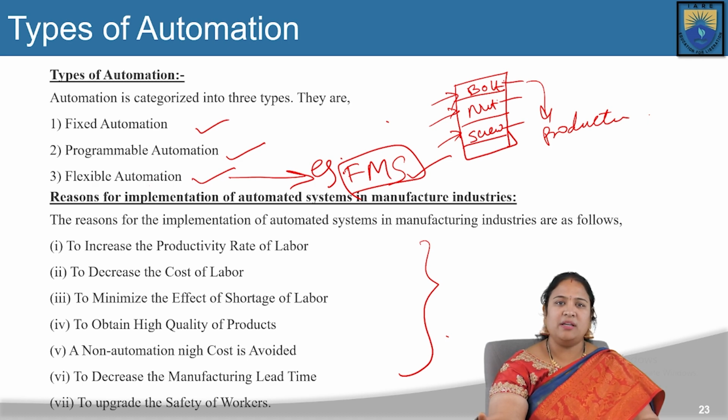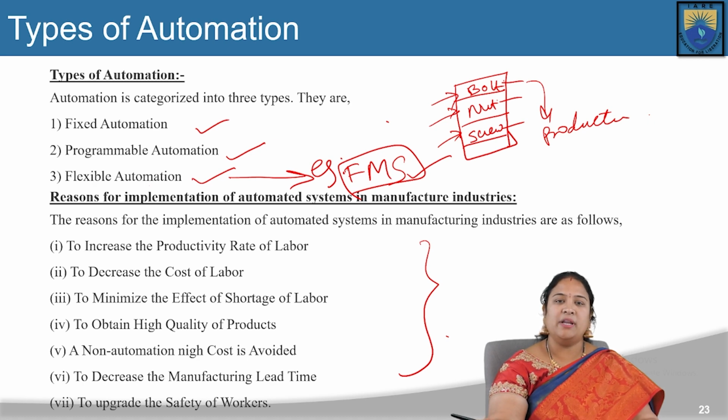Also, the high cost of night work is avoided. That is, day and night the labor need not work in the industries to complete the work. If the things are done automated, the production rate will increase, the cost decreases, as well as the time also gradually decreases. That is also one of the added advantages.